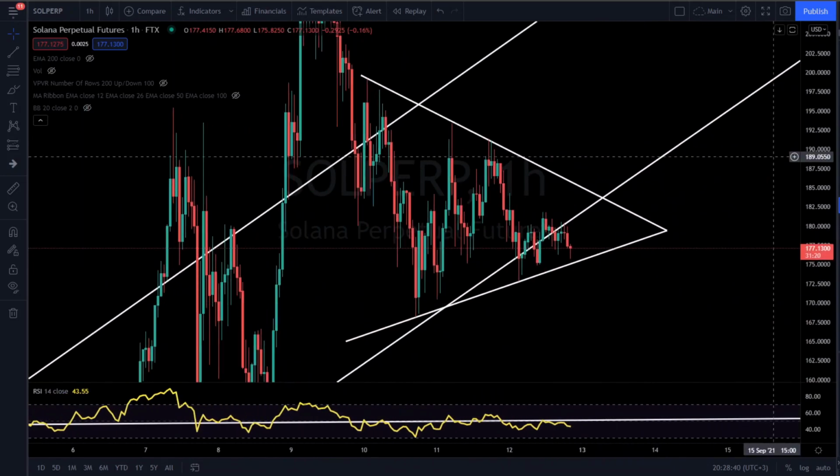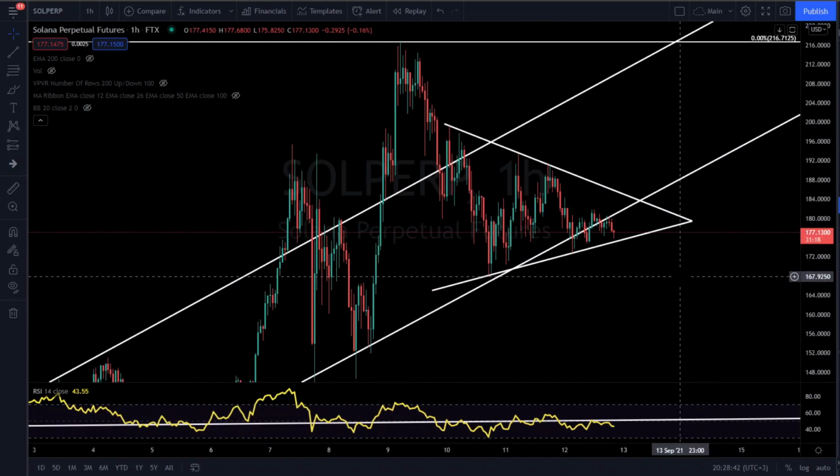We know that the move is going to happen. Every time the volatility goes away, we are anticipating a large move.